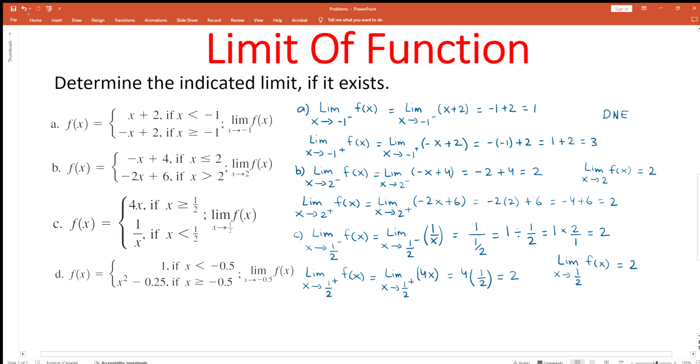Now we can analyze part D. In part D, we have to evaluate limit x approaches negative 0.5 for f at x. The function in part D is a piecewise function. It is made up of functions 1 for x less than negative 0.5 and x squared minus 0.25 for x greater than or equal to negative 0.5. Let's start by evaluating the left-hand limit.